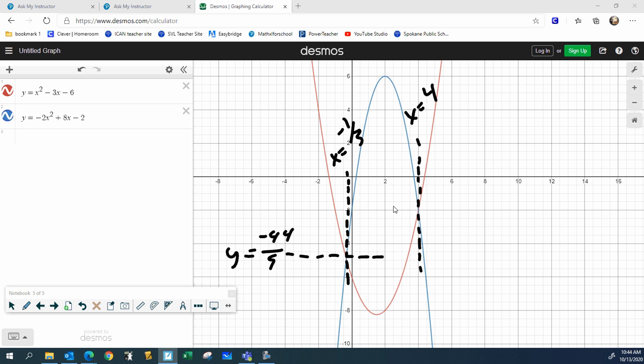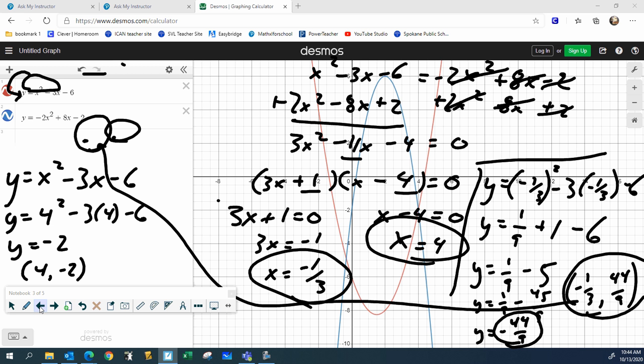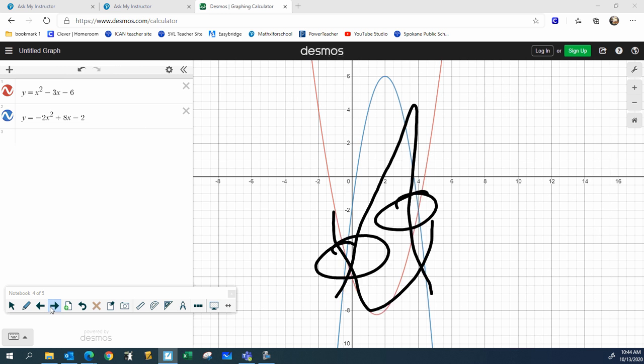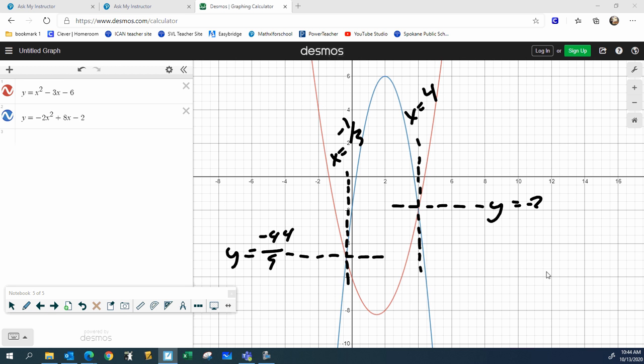And then you'd get your second y value here, which happened to be negative 2. I think we got negative 2 for that one. Yeah, negative 2.